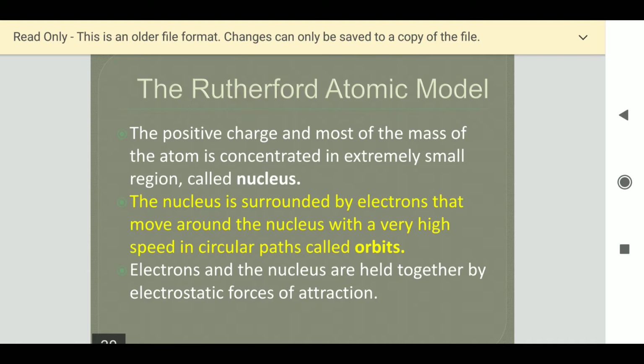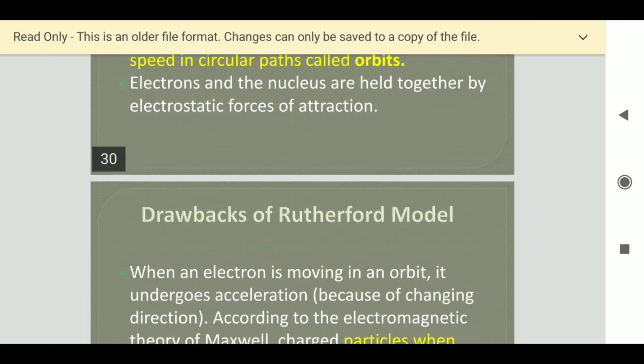The electrons and the nucleus are held together by an electrostatic force of attraction.